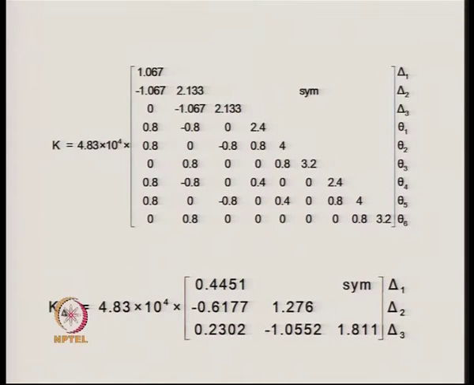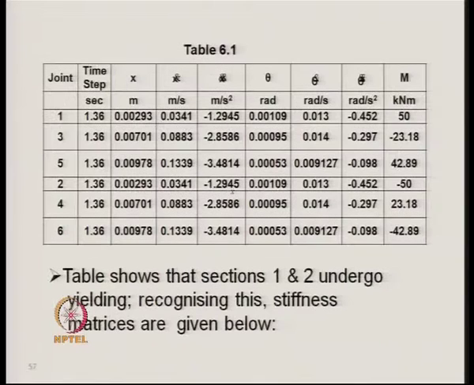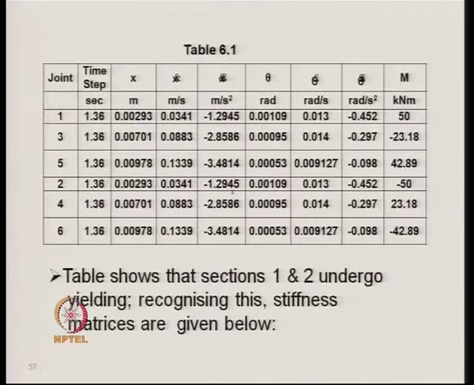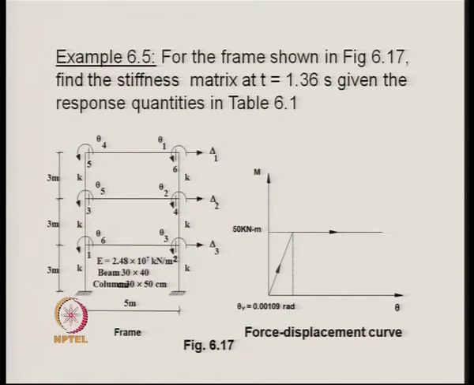So, that is how we proceed with the calculation for a particular frame given the values at a particular time, 1.36, and we wish to find out, say, the responses at 1.38.